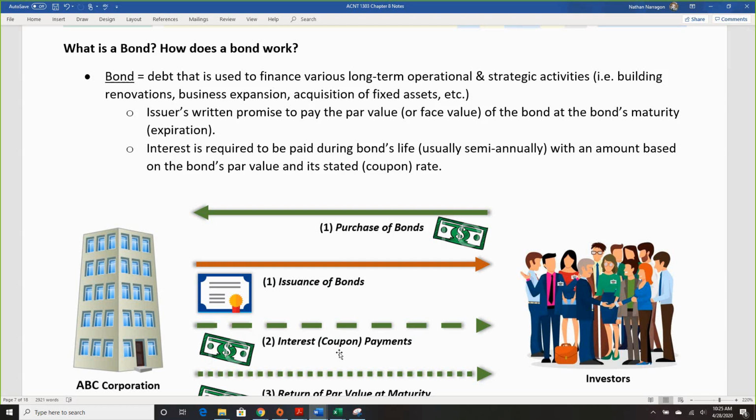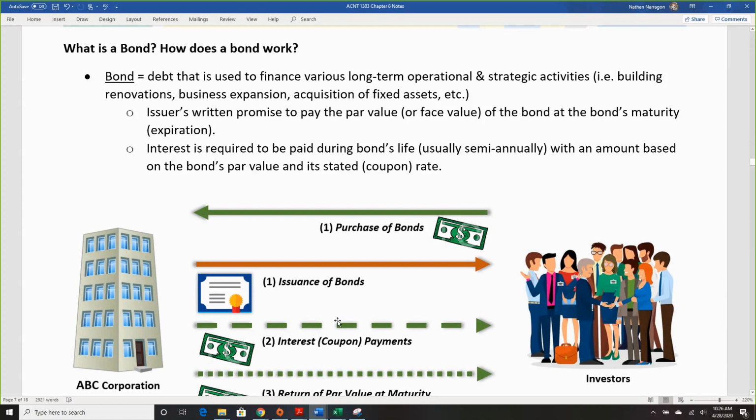And the number one main focus is bonds. And bonds in themselves are basically a documentation, kind of like a long-term note, or a long-term balloon note, if you want to look at it that way, where we receive money from investors.